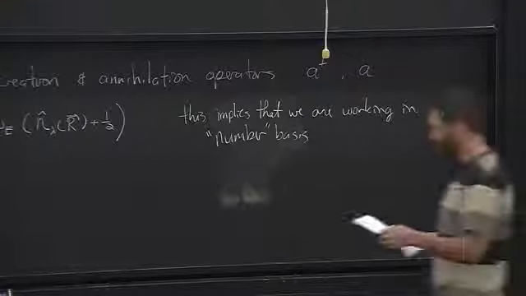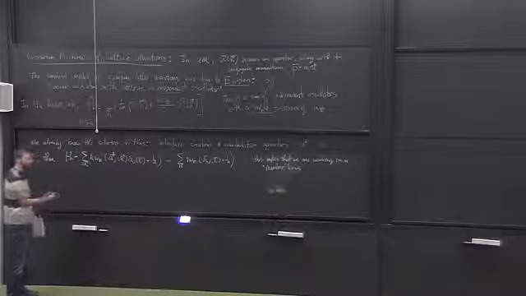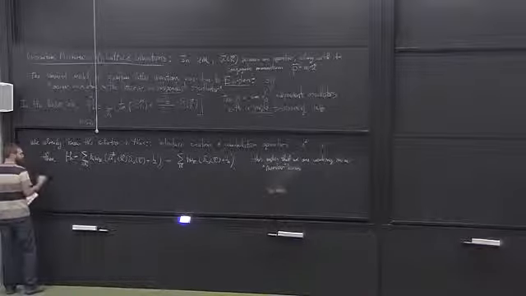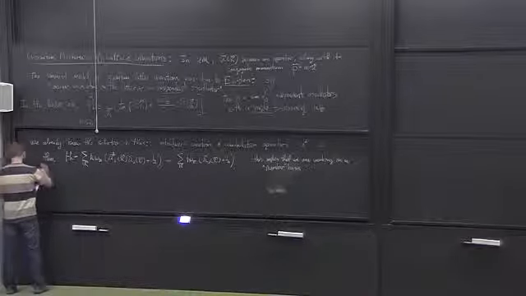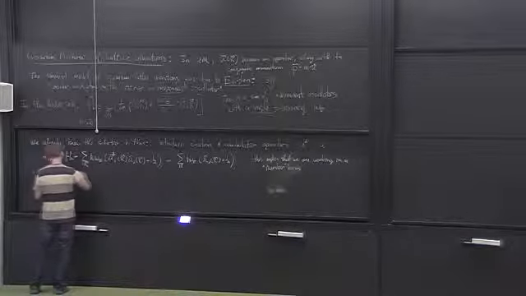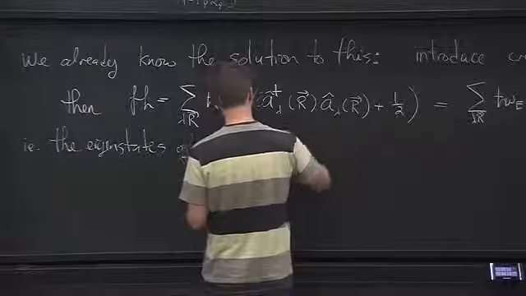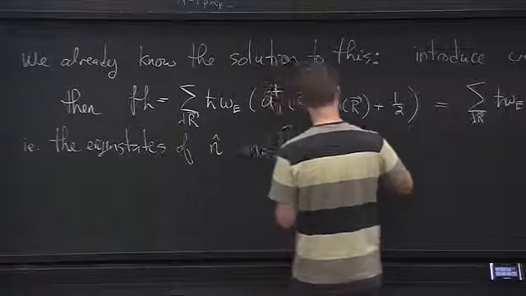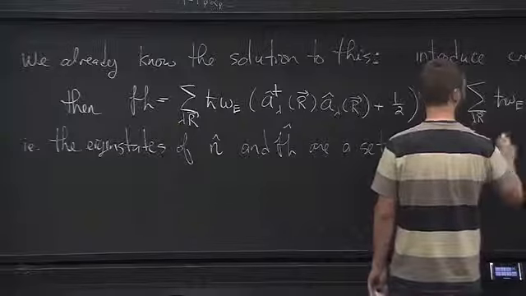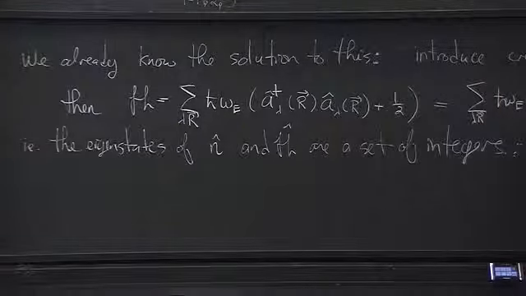Although here it's really simple. Right? So the eigenstates of the number operator and of the Hamiltonian are just a set of integers, you know. So I can write that set as a basis state, as a ket.